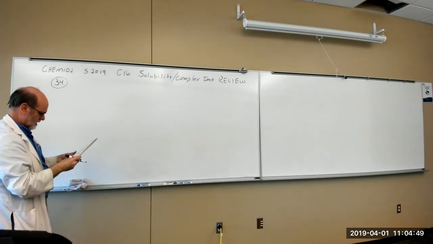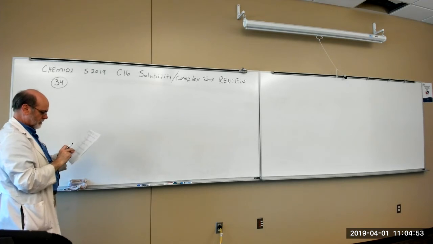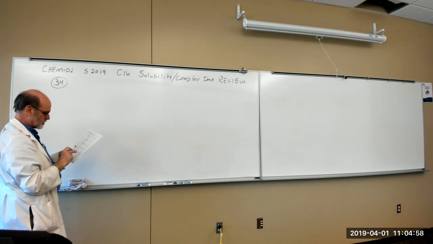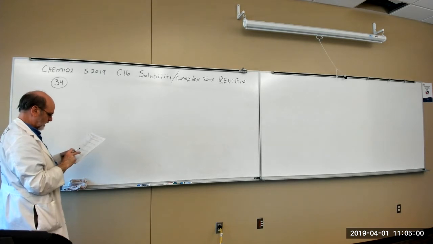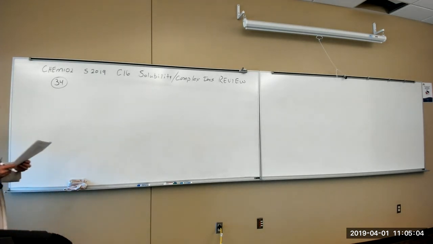Well, that's, yeah. Chromate ion is added to a saturated solution of silver chromate to reach 0.78 molar chromate ion concentration. Calculate the final concentration of silver ion at equilibrium. Okay.